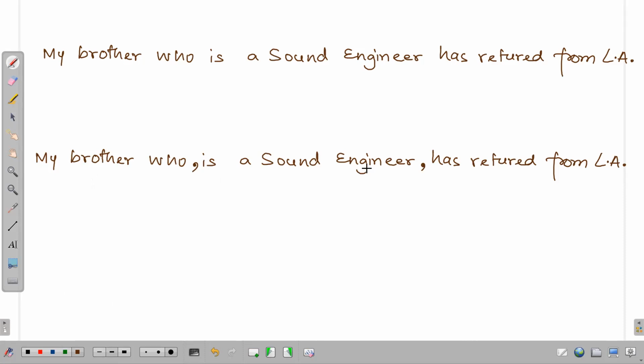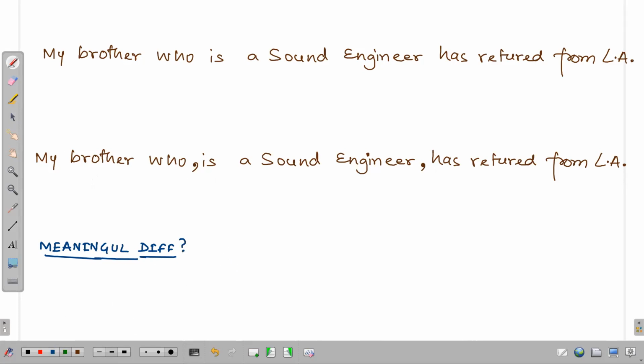Please do not say that yes, there is a pause and then there is a comma. I am asking, is there a semantic difference? Is there a meaningful difference between them? Does the meaning change or does it remain the same? You can pause the video and think for a while.